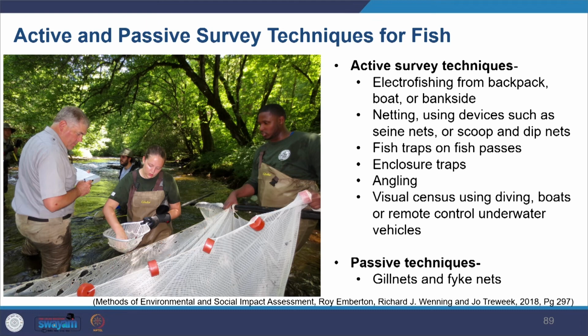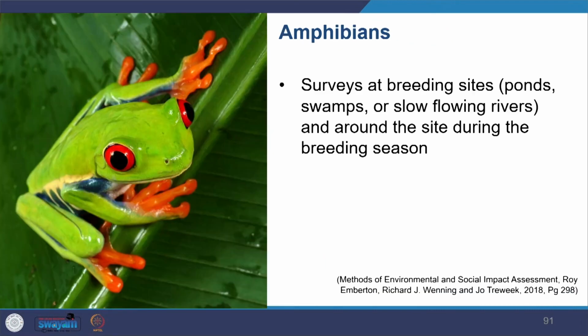Then you also need to look into the amphibians. Amphibians use both terrestrial and freshwater or brackish habitats, and they would be found in both places. Where you need to take the survey: usually you take it at the breeding sites, which can be ponds, swamps, or slow flowing rivers.